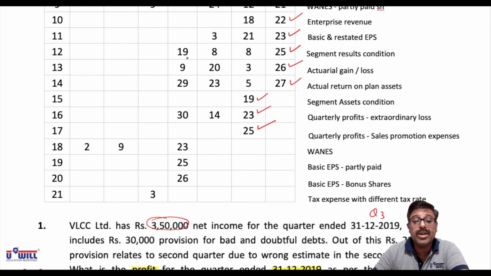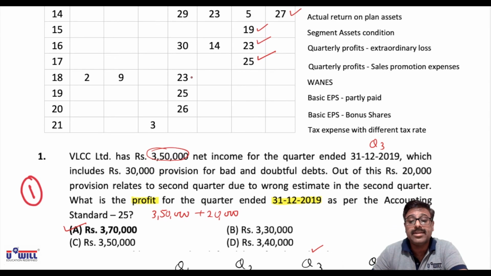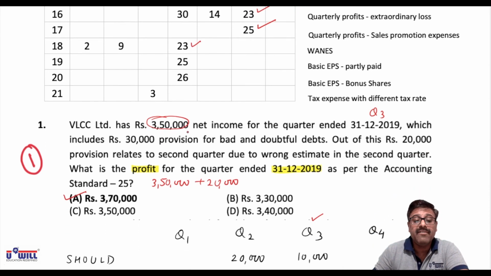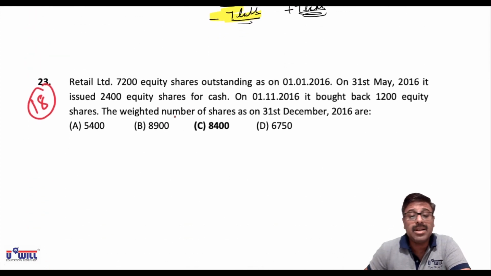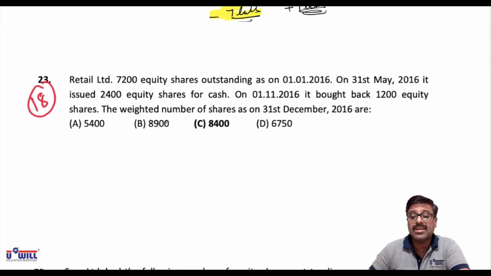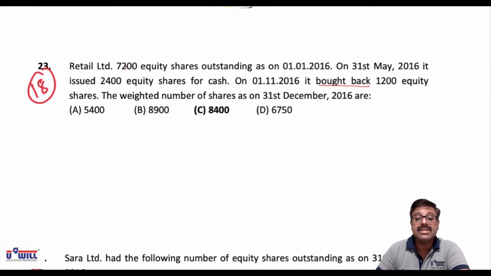So look at February 2017 exams question 23 based on weights. It's a simple question based on weights including bought back, so I'm taking it separately. Retail Limited had 7,200 equity shares outstanding on 1/1/16 opening balance. So write down 1/1/16 opening balance 7,200.